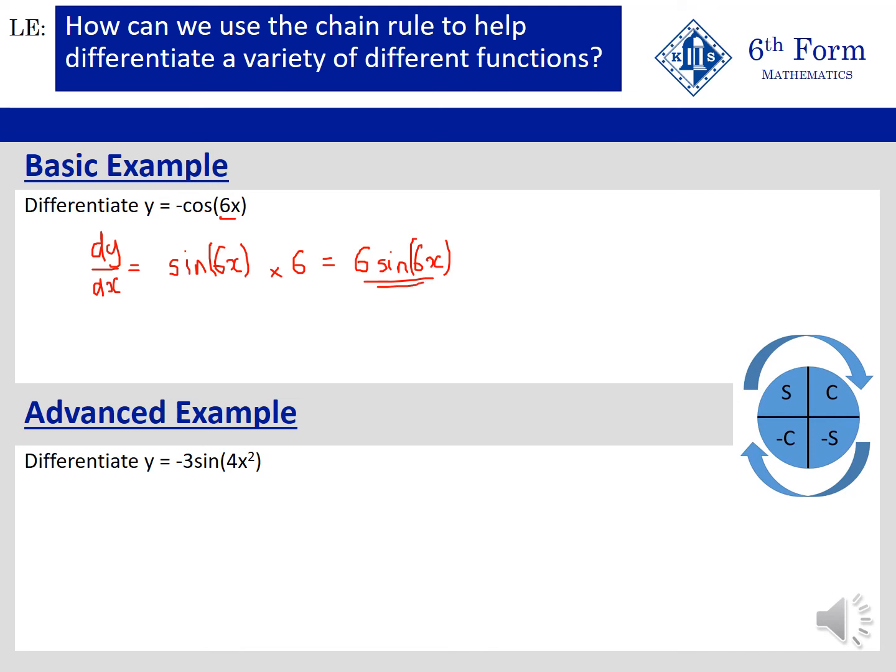In a slightly more advanced example, we're trying to differentiate this time y equals -3 sine of 4x squared. Because negative sine is going to differentiate to negative cosine.